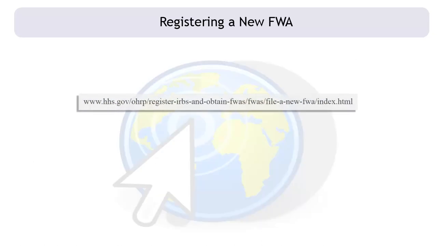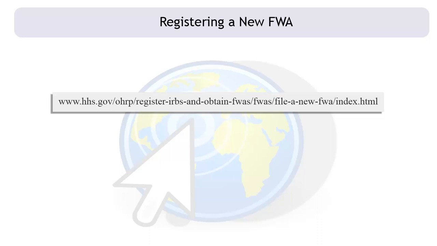Using the URL provided, institutions can apply for an FWA if it has never been assigned an 8-digit FWA number by OHRP. www.hhs.gov/file-a-new-file/index.html.